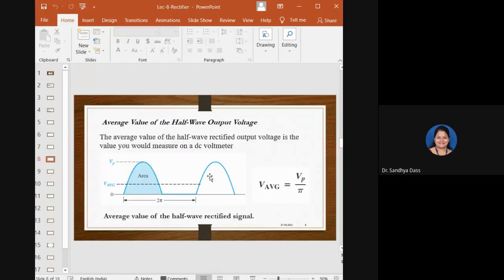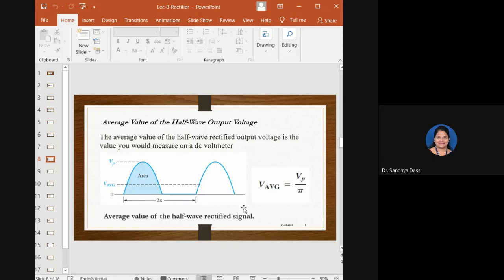So coming to the average value of the output voltage. Typically, the average value of the output will be measured from the DC voltmeter. Mathematically, it is determined by finding the area under the curve over one full cycle. It is given by V average is equal to Vp by pi.